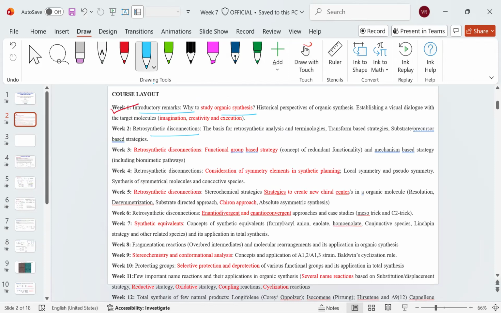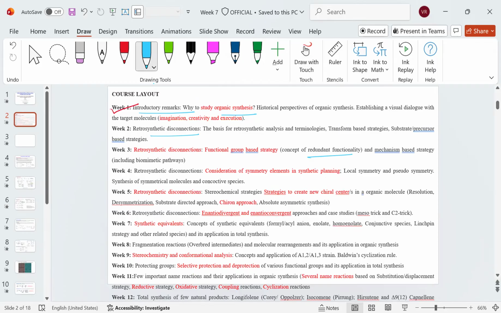And again, in this synthesis, we have already discussed regioselective reactions as well as chemoselective reactions. And in the last video, I covered different oxidizing and reducing agents and how they selectively do the oxidation and reduction of different functional groups. So that part we have already covered.